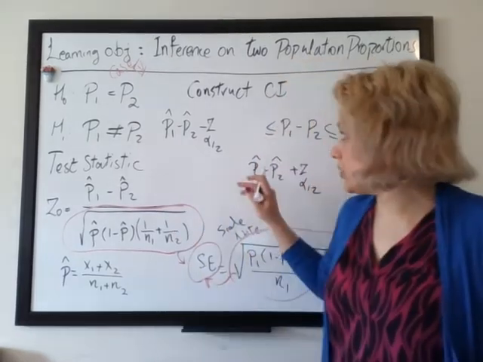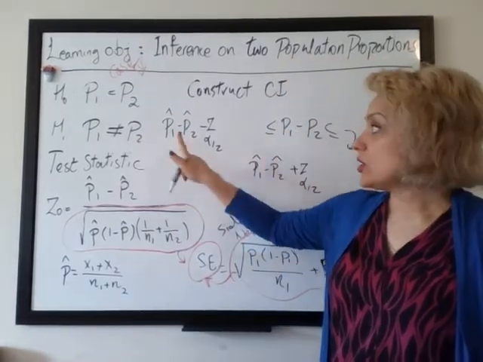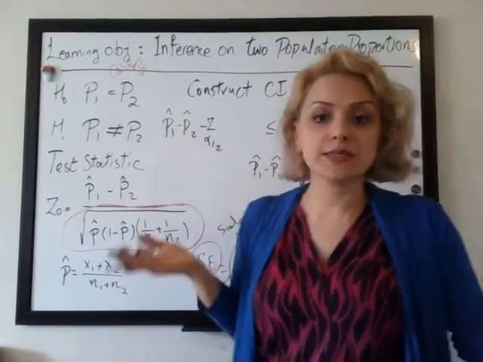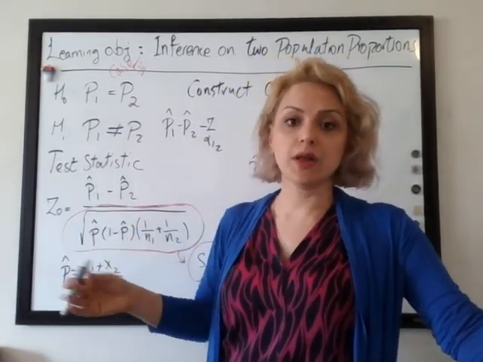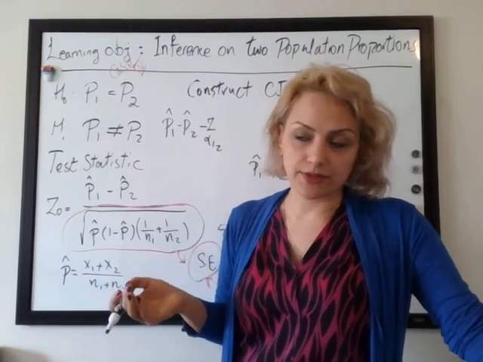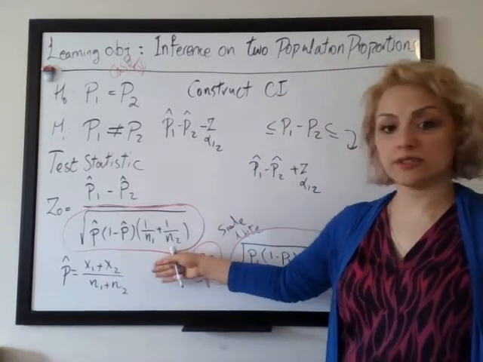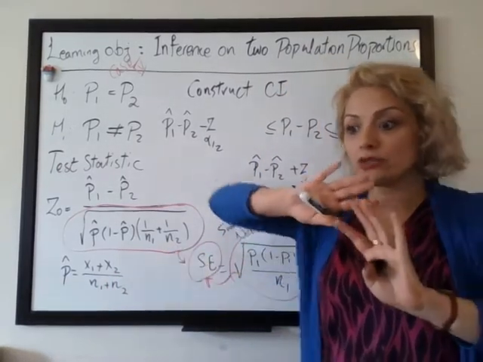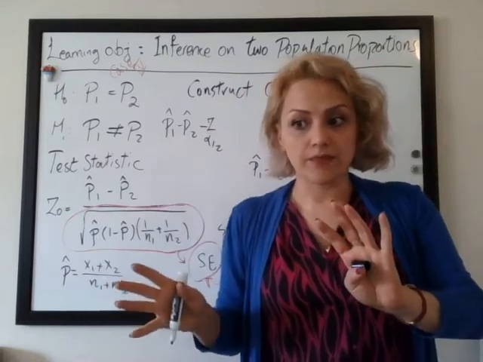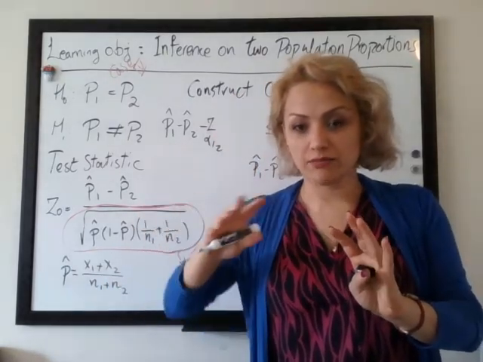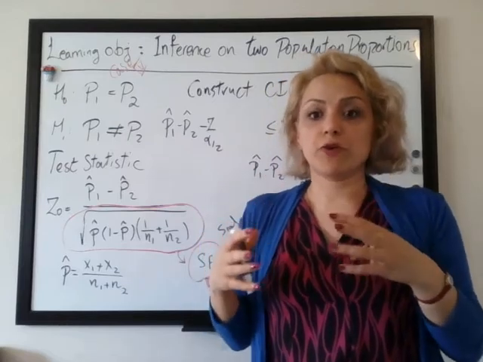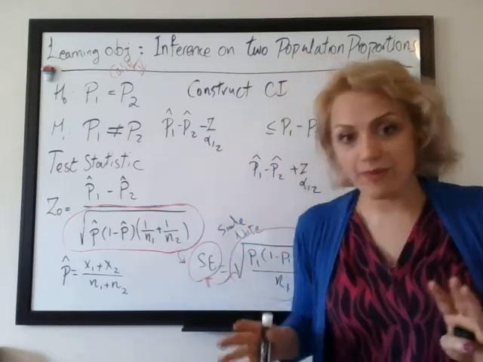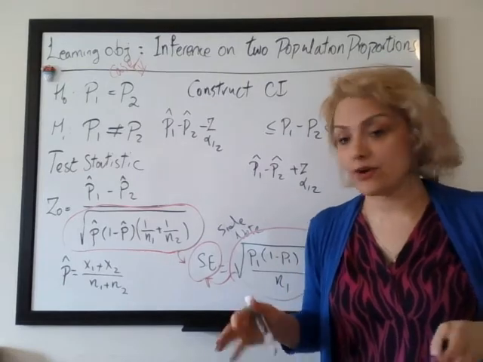Whatever parameter of interest you are looking for, it's your estimate plus or minus the margin of error. The margin of error is some number from the Z table or T table, times the standard error. The standard error you can find with the test statistic. So try to have this strategy engraved in your brain, so that whenever you are looking for a confidence interval, you go the same path and you're going to find the answer.